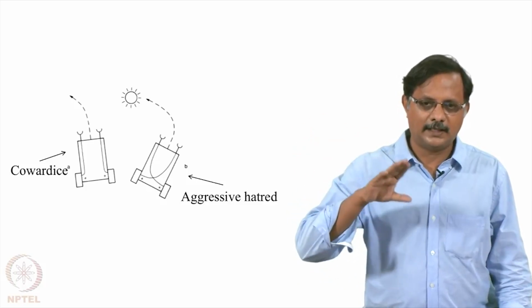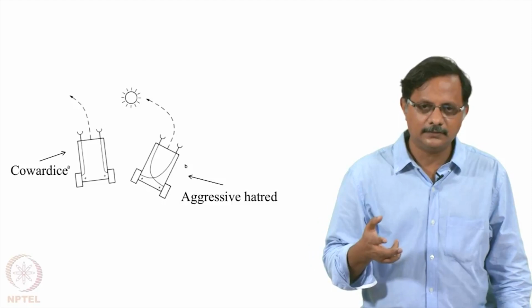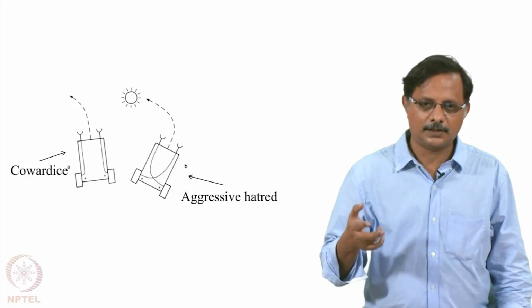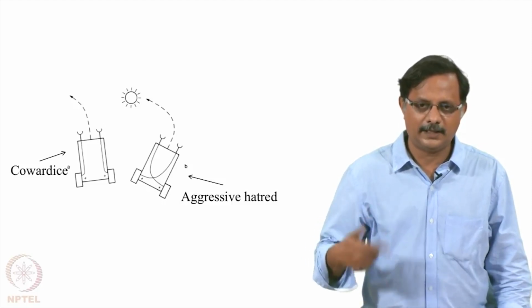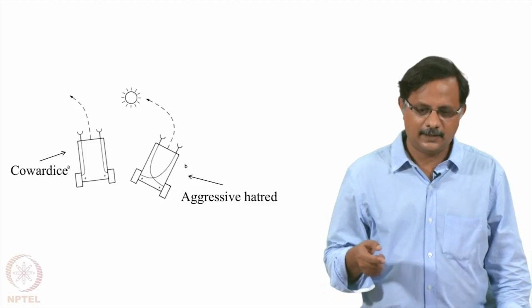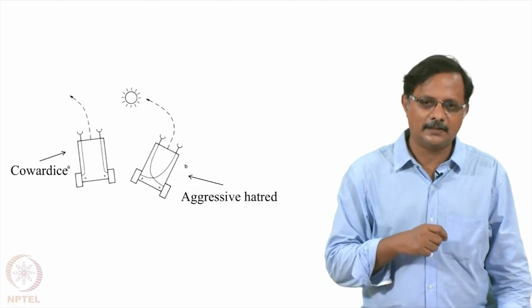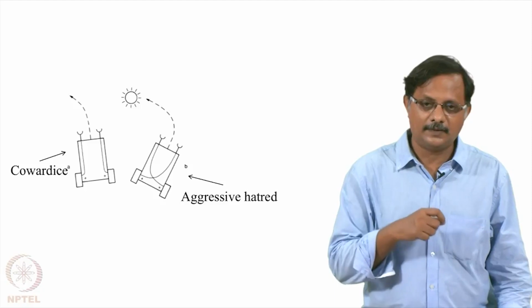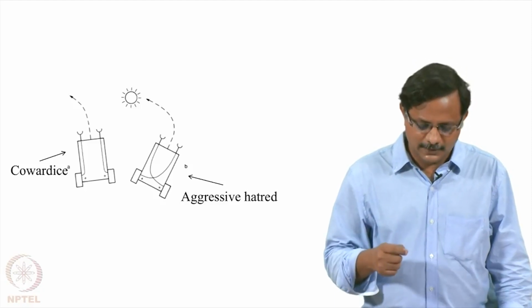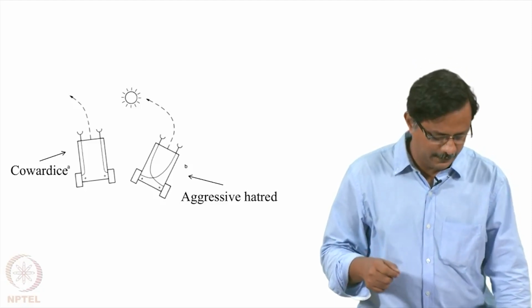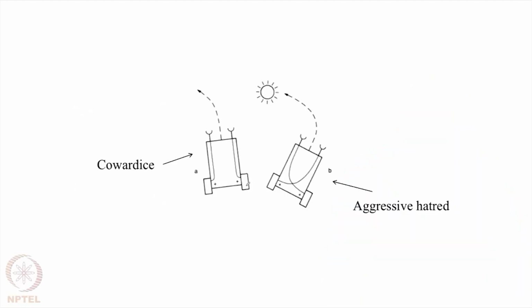So, the sensor on the right side will pick up a stronger signal, therefore it turns the corresponding wheel, the right wheel, at a higher rate, whereas the sensor on the left side picks up a weaker signal, therefore it turns the wheel on the left at a lower rate. So, you see that the wheel here moves at a higher velocity than the wheel here. Therefore, you can easily see that the vehicle turns to the left.